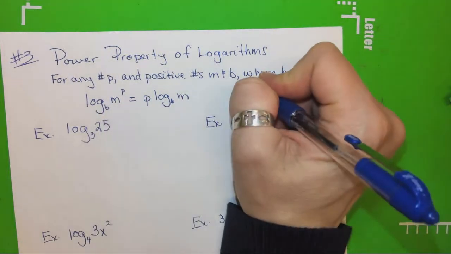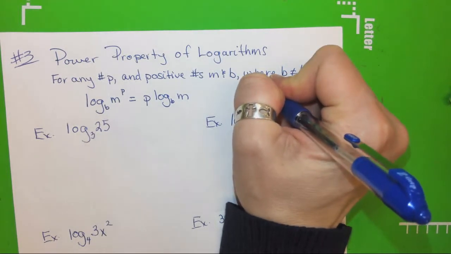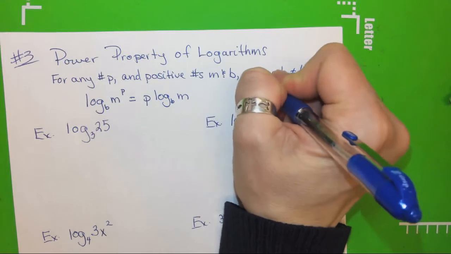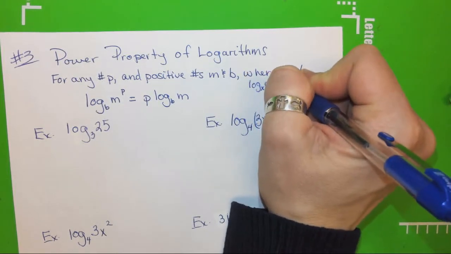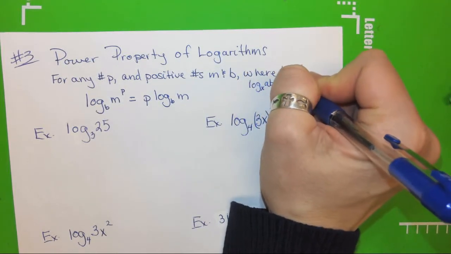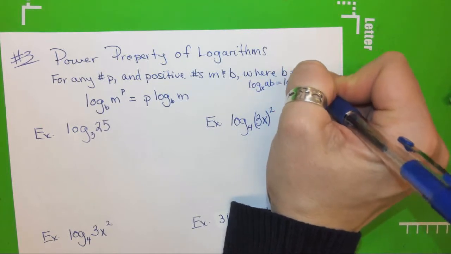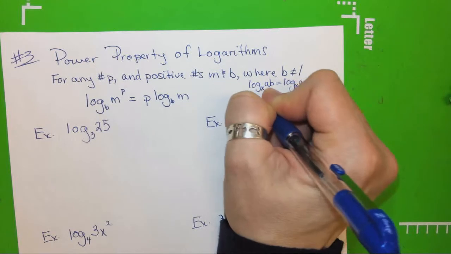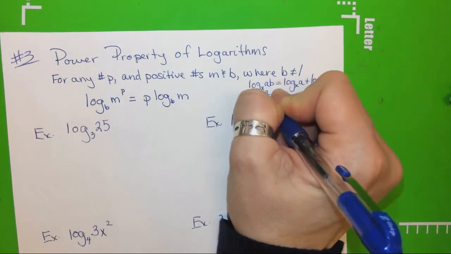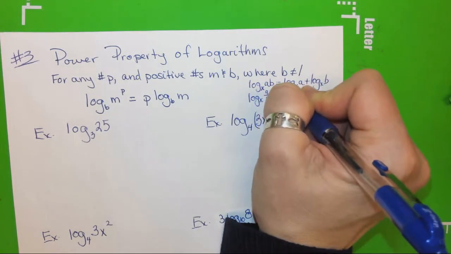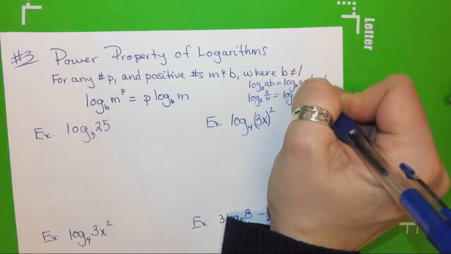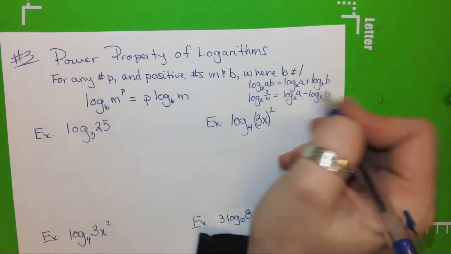So we're going to look at this power property. Remember, we have the product: log base x of ab is equal to log base x of a plus log base x of b. We also have the quotient: log base x of a divided by b is log base x of a minus log base x of b.